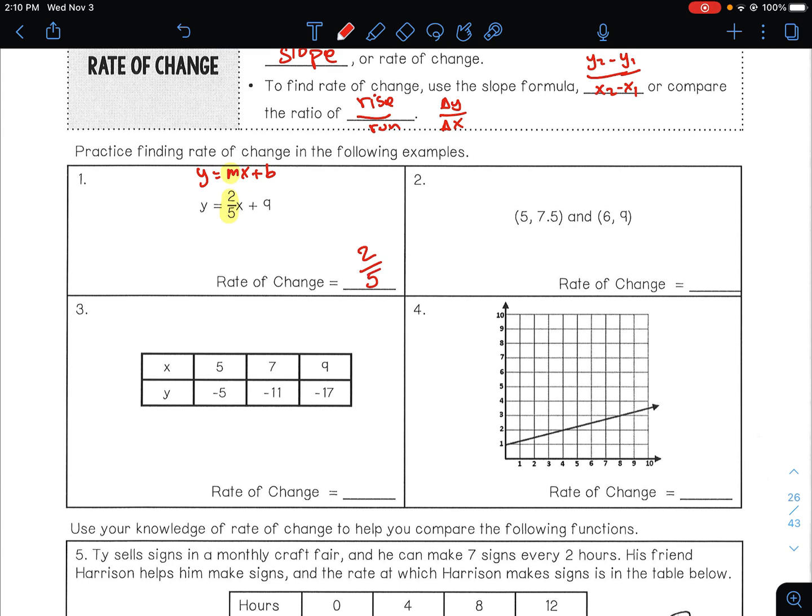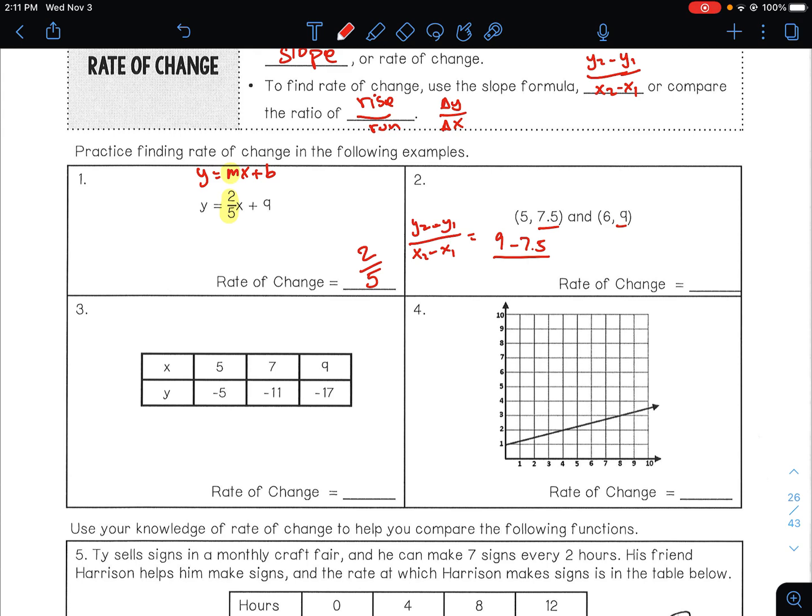We're given a point. That means we actually have to do some work to figure out the slope here. So let's use the slope formula. So it's y2 minus y1 over x2 minus x1. So it's the change in the y over the change in the x. So my change in y: this is y2 and this is y1, so it's 9 minus 7.5.